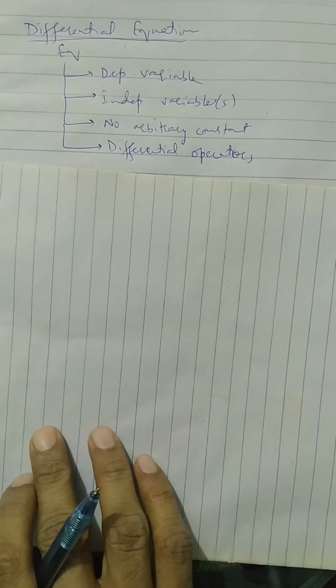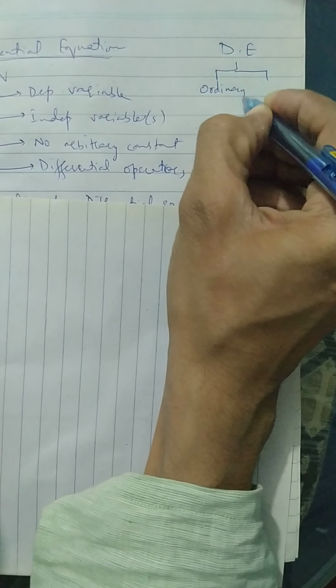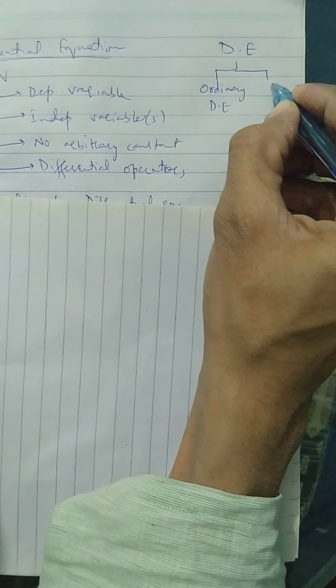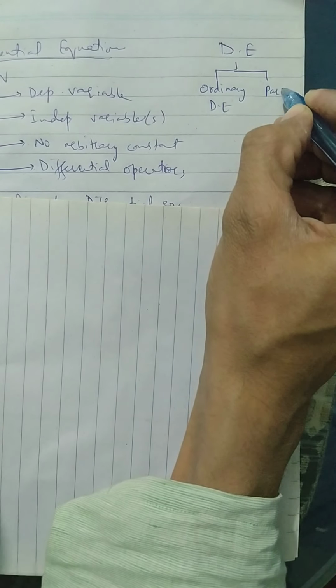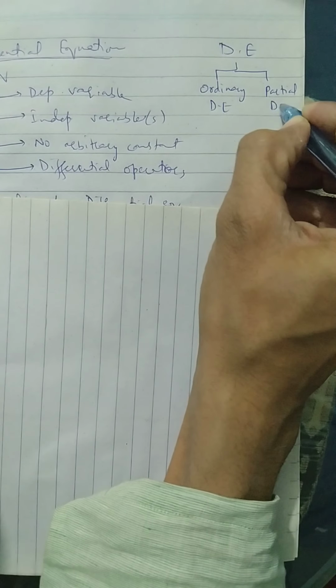Whenever we are considering the differential equation, we have two types. The differential equation is classified as ordinary differential equation, and the second is classified as partial differential equation.